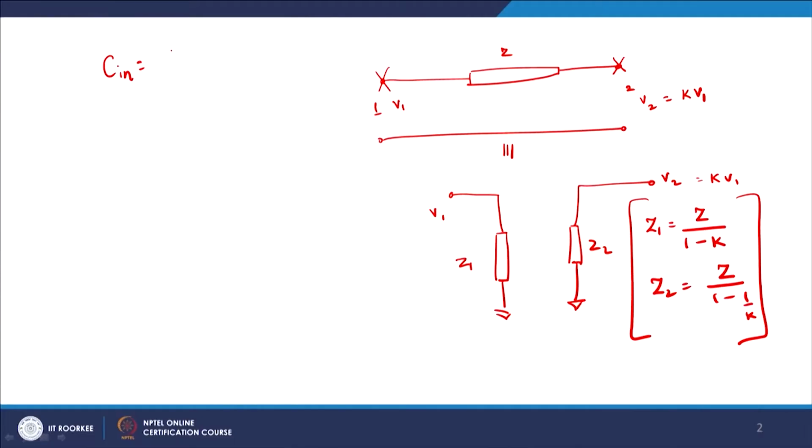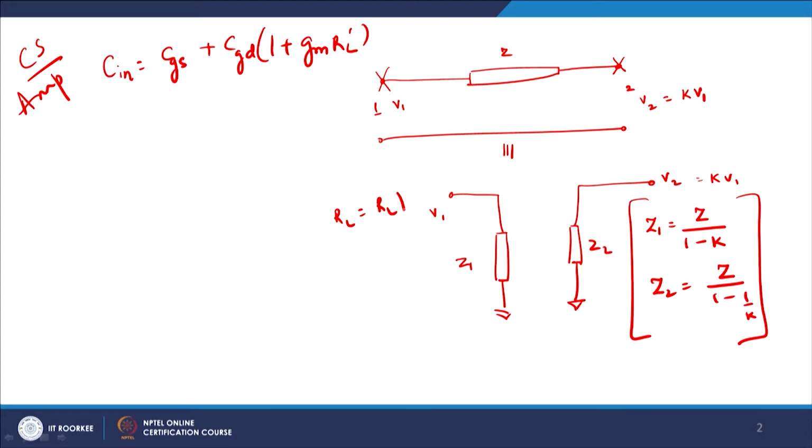Now, in my previous discussion, when we were doing high frequency response, we saw that C in will be equal to CGS plus CGD multiplied by 1 plus gm times RL prime for a common source amplifier. This is the high frequency response which you got, where RL prime is nothing but the resistance RL parallel to RD parallel to RO.